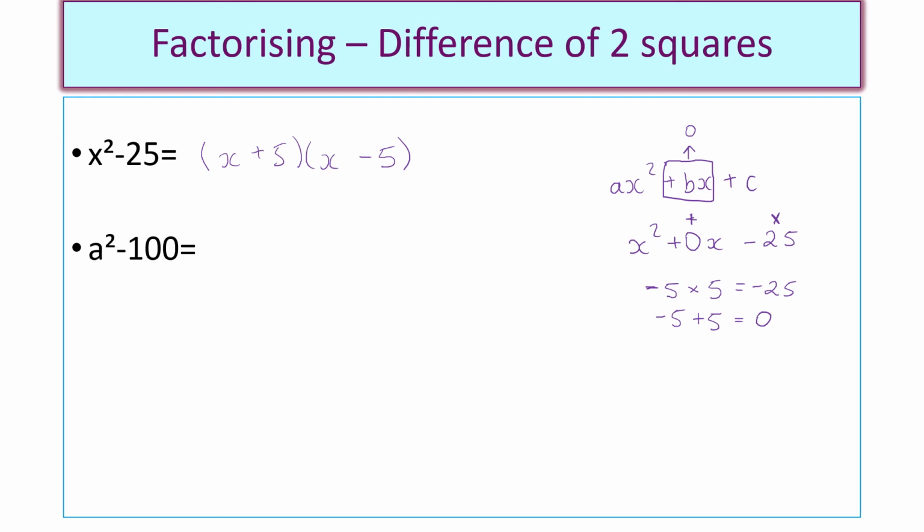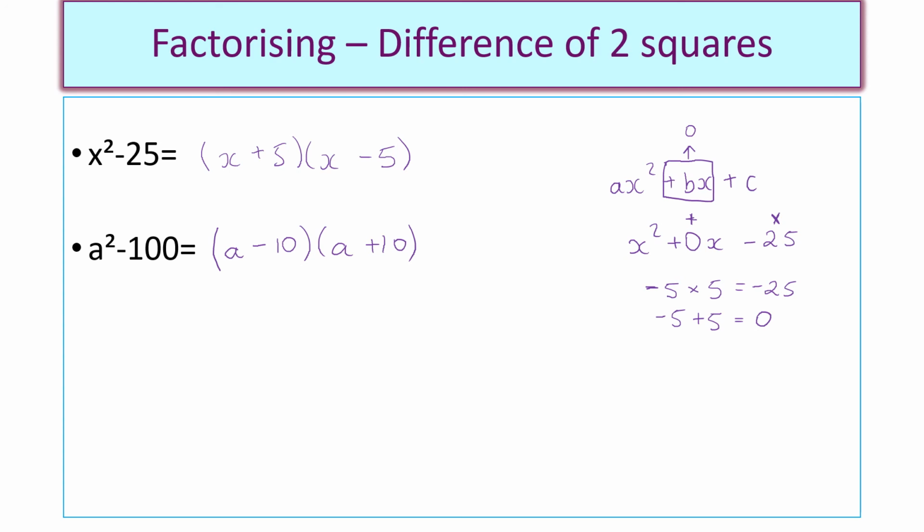So let's have a look at the next one. Square root of 100 is 10. So I have a take away 10 in one bracket, and then a plus 10 in the other bracket. That's a very, very quick way to do this.